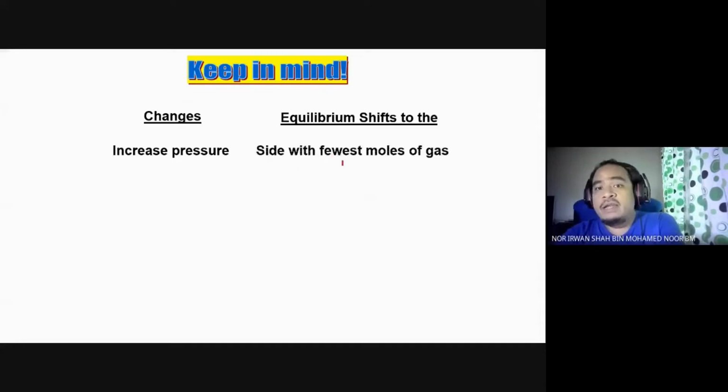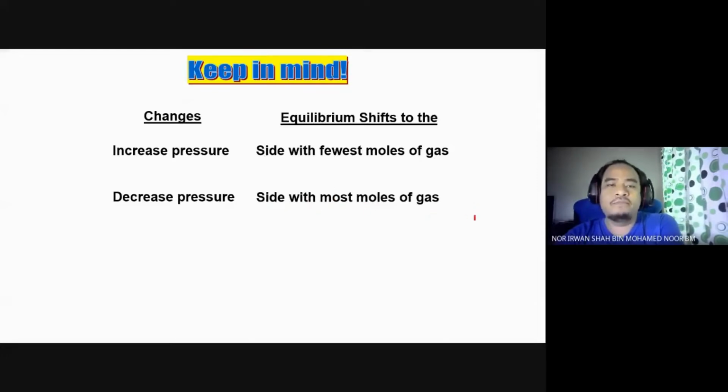The equilibrium shifts to the side with fewer moles of gas. But if we decrease the pressure by increasing the volume, this time the system will shift to the side with more moles of gas.